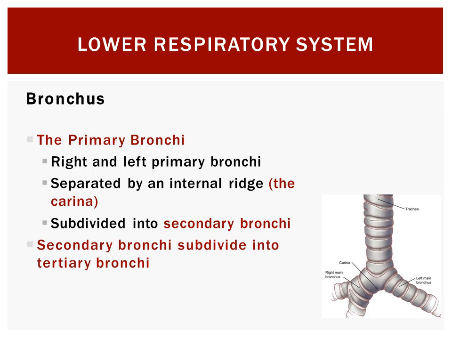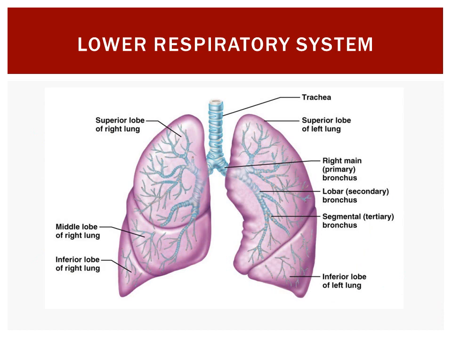As it goes from primary to secondary and to tertiary, the size and diameter will become smaller. Here are the images of the primary, secondary, and tertiary bronchi in the left and right lung.